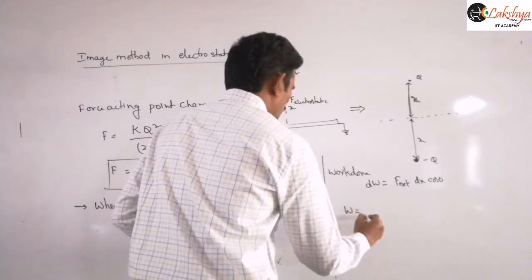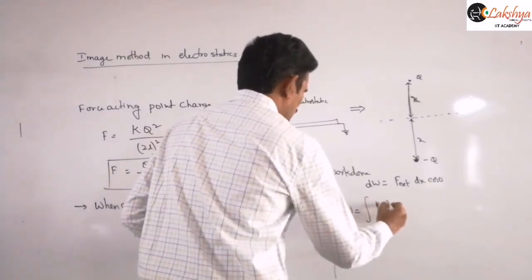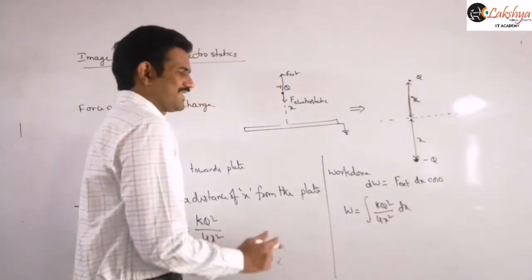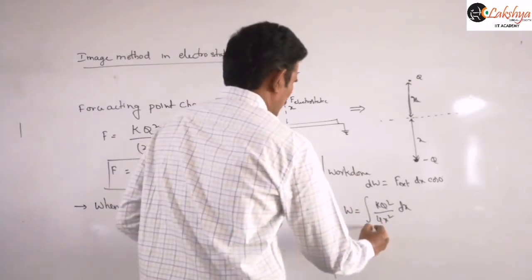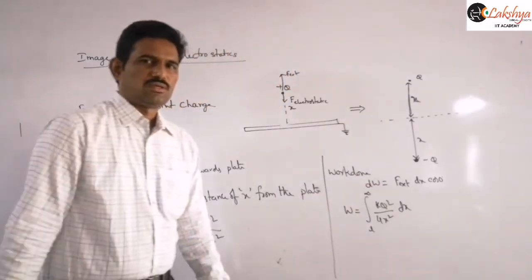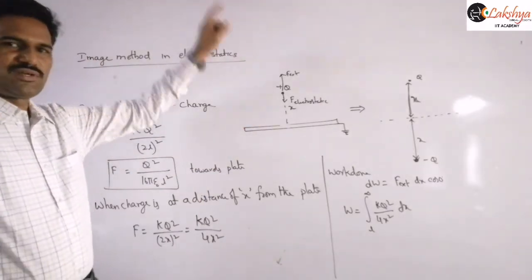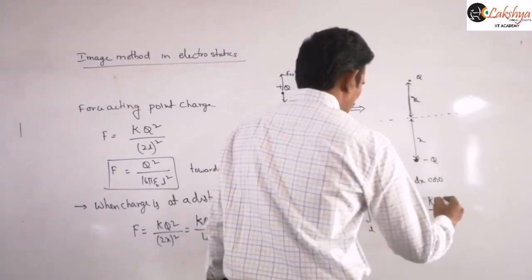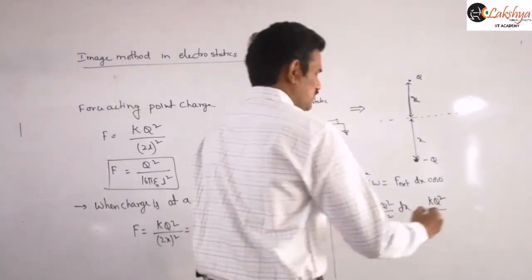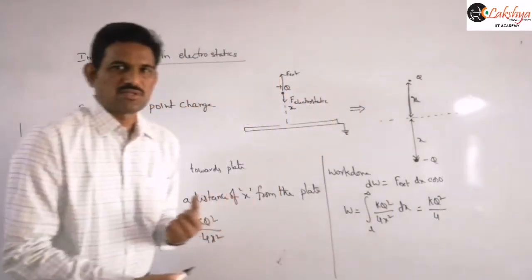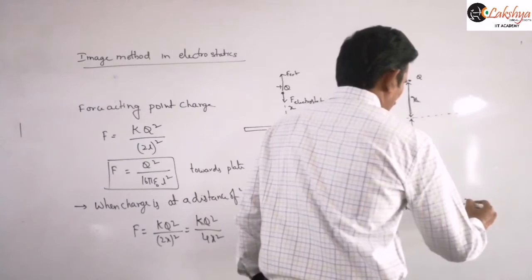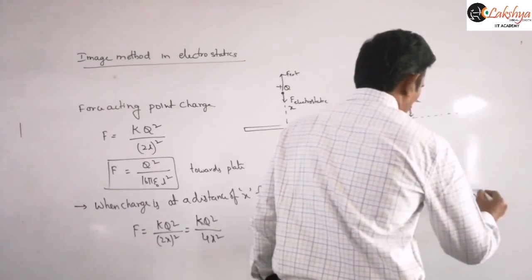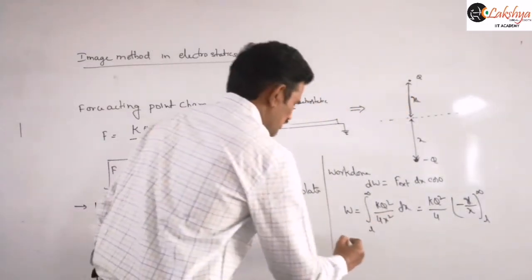And therefore the total work done I can write as the integral of kq square by 4x square into dx, and x varies from L to infinity, because initially the separation is L, now we are displacing from L to infinity. You can simplify this. So it is kq square by 4 into the integral of 1 by x square, which is minus 1 by x, and limits are from L to infinity. And you can substitute those limits and simplify this.